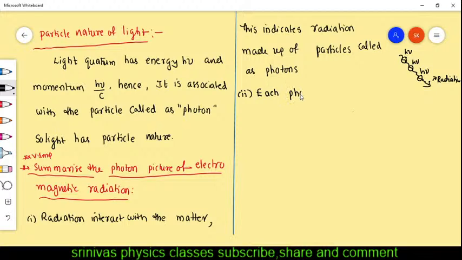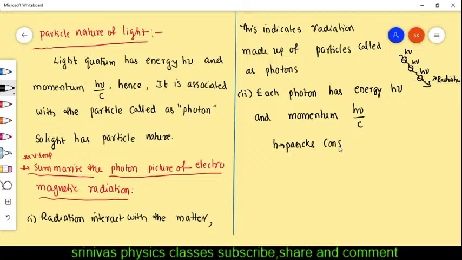And each photon has how much energy? Each photon has energy h nu and momentum h nu by c, where h is Planck's constant, c is the speed of light, and nu is the frequency.